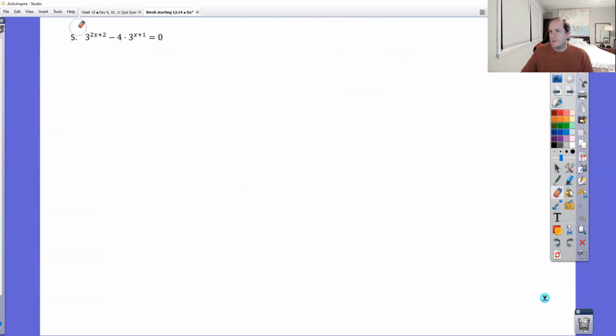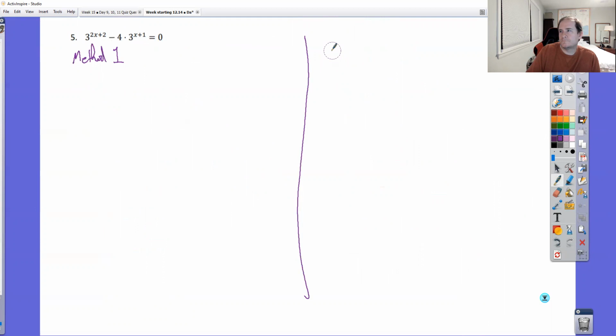All right, so this one's good. And we kind of need to do this one 2 ways. So method 1 is kind of a special case. And method 1 is really only going to work for us because this time that exponent really is exactly twice the other one.